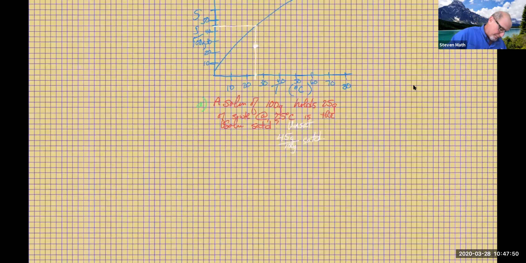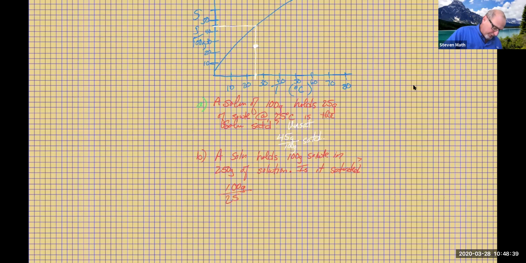What if we said, hey, by the way, in this one, B, a solution holds 100 grams of solute in 250 grams of solution. Is it saturated? Sneak that one in.